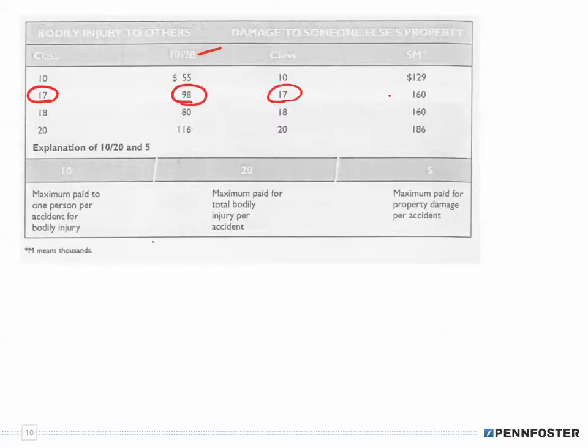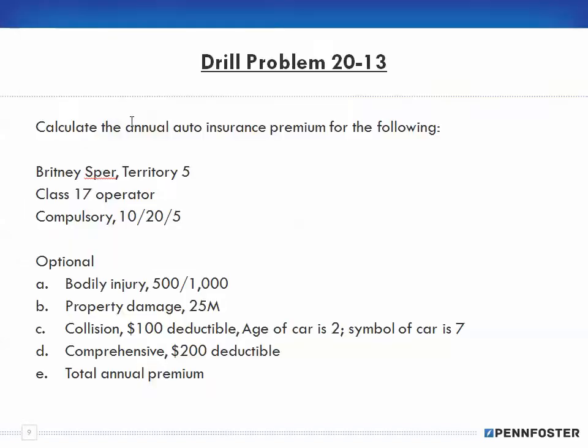Then we had 5,000, so that's here. It's 160. So 98 plus the 160 is 258, which is going to be for the liability, the compulsory. Let me just write this here, 258.